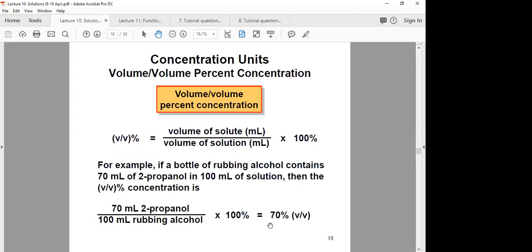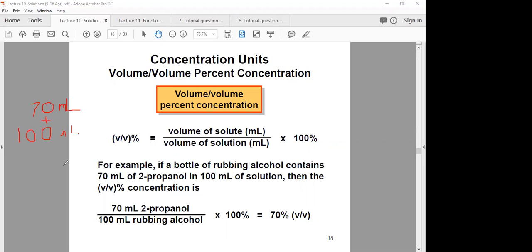And that's pretty easy. You can work this out without even doing the math: 70% volume per volume. Now, I just want you to keep in mind one of the tutorial questions, which is a bit of a trick question. Let's say you had 70 mL of a given solute and 100 mL of the solvent, and you're asked to add them together.